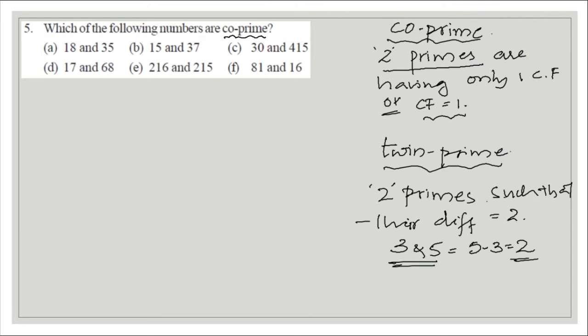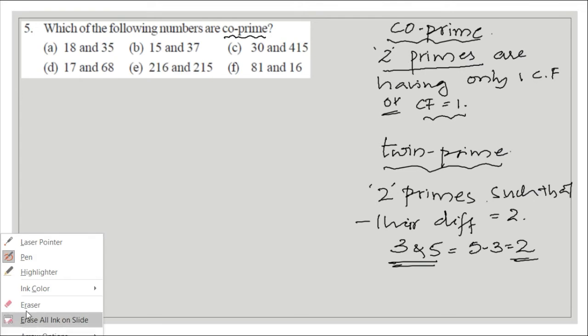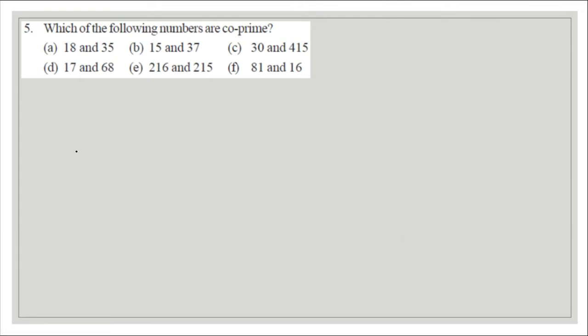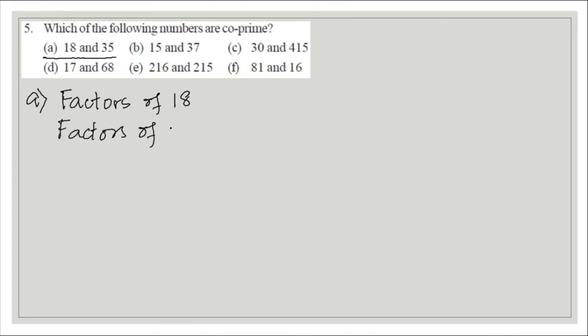Now in this question, we are asked to find out whether this pair is coprime or not. For that, I will write down the factors of 18 and also the factors of 35. Let us write the factors of 18.